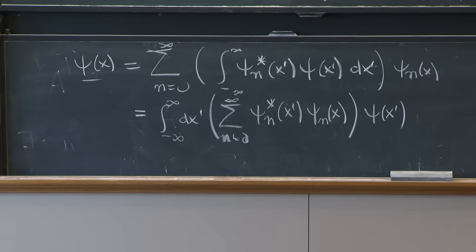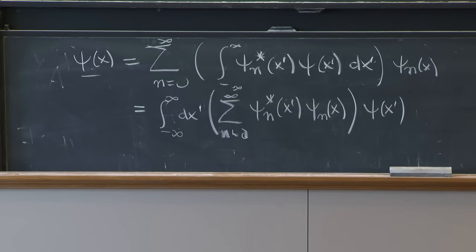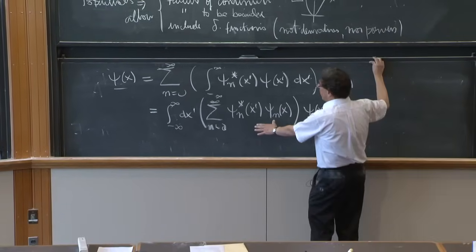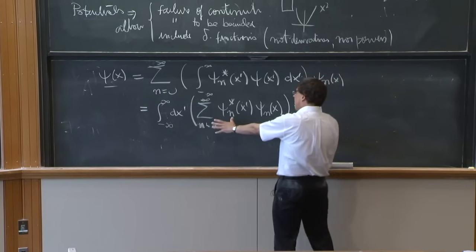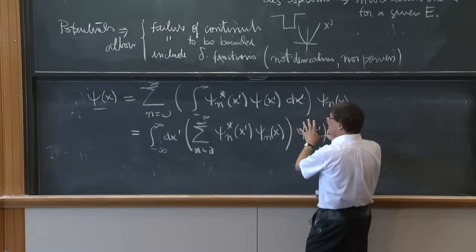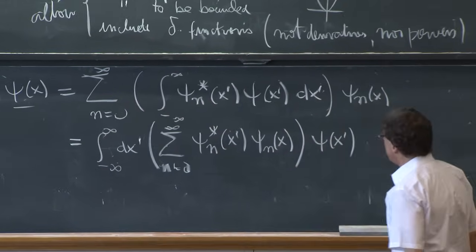And it's a nice way because it allows you to learn something new and interesting. And what is that? That this must be a very peculiar function, such that integrated against psi gives you psi. And what could it be?